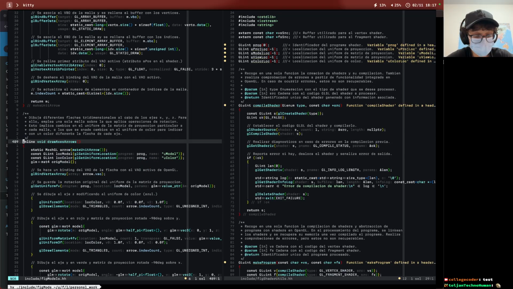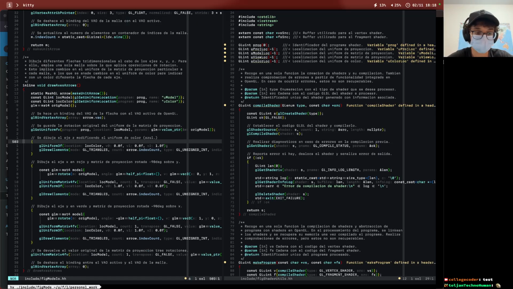Draws axis arrows, uses the previous function to first update the uniform of the model transformation matrix, and then the color uniform, so that we always give it a certain color of green for the y-axis, red for the x-axis, blue for the z-axis, and it uses scopes to update the uniform.